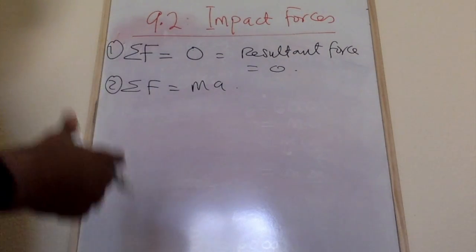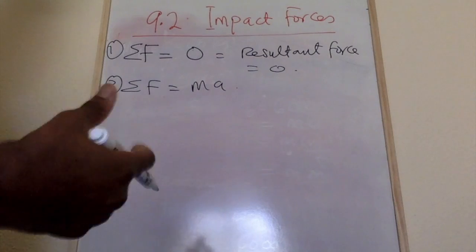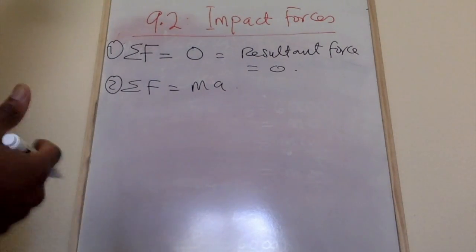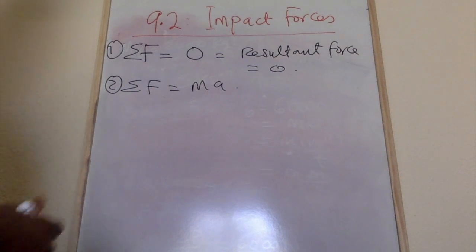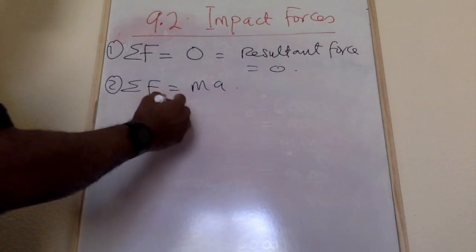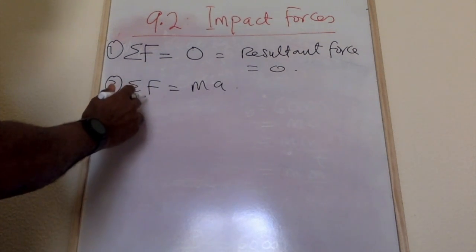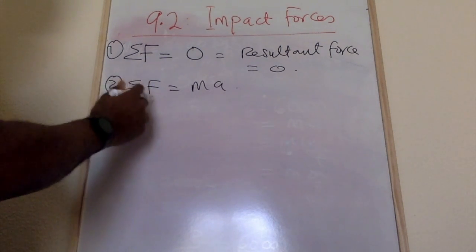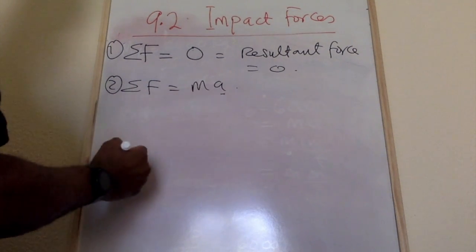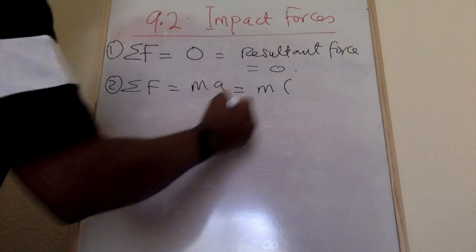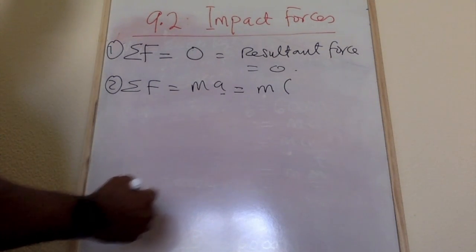So if there is no resultant force, there is no change in momentum, because if there is no change in momentum, there is no acceleration. And the second law is basically saying because there is a resultant force, then there is acceleration.